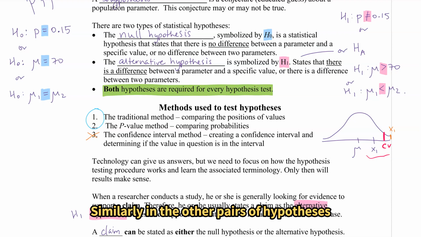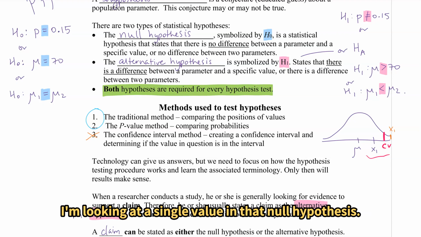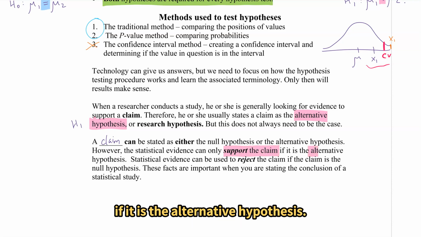Similarly, in the other pairs of hypotheses that we have, mu is equal to 70 or mu is greater than 70. I have infinitely many more choices for mu. Otherwise, I'm looking at a single value in that null hypothesis. So the statistical evidence can only support the claim if it is the alternative hypothesis.